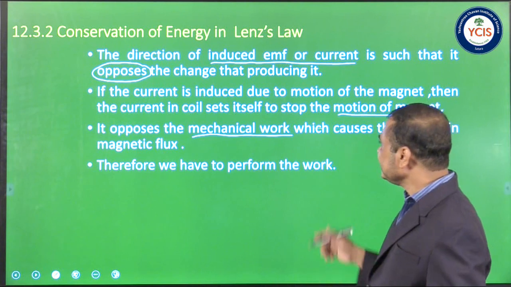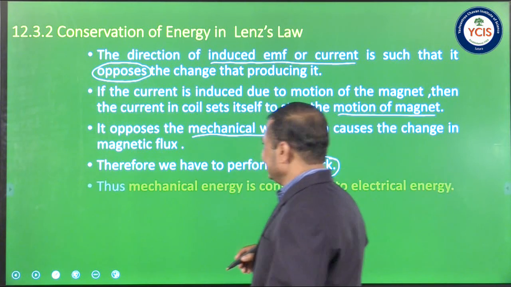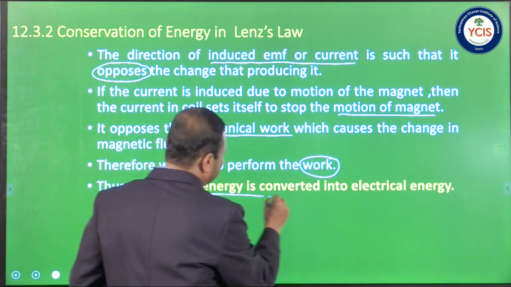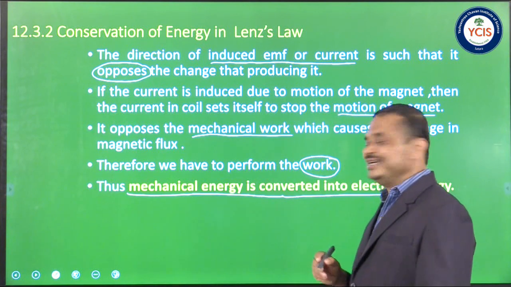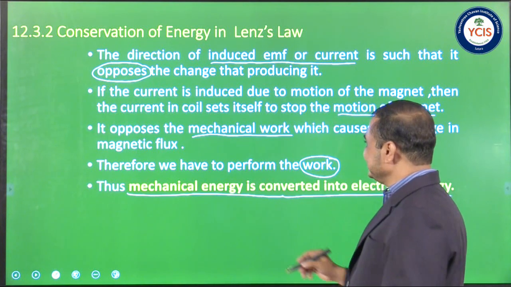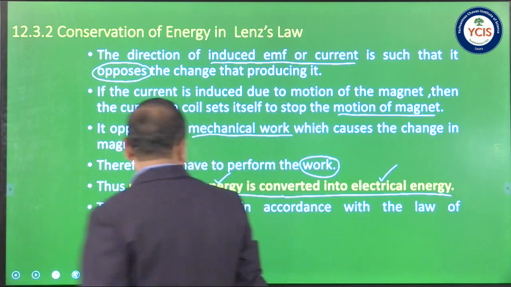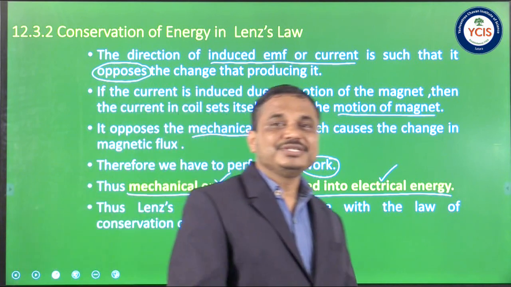Therefore we have to perform the work, and thus in the process of electromagnetic induction, mechanical energy is converted into electrical energy in the presence of a magnetic field. Thus Lenz's law is in accordance with the law of conservation of energy.